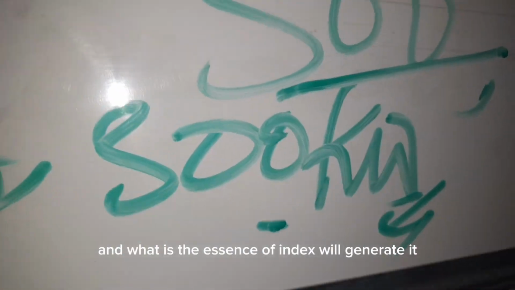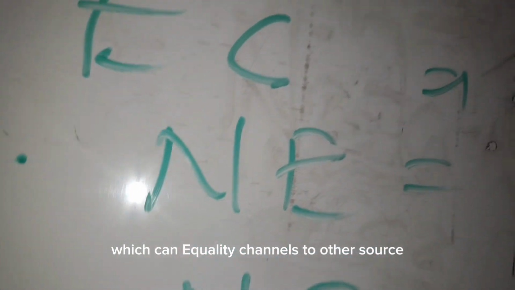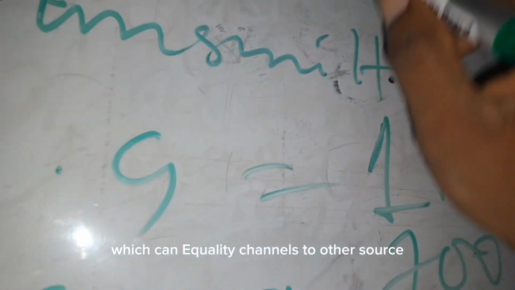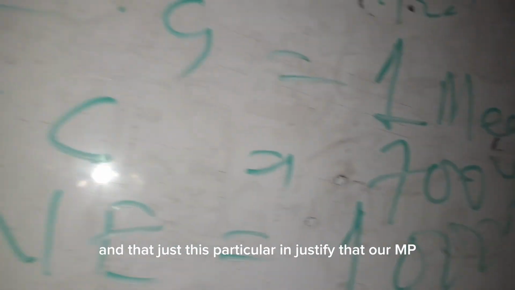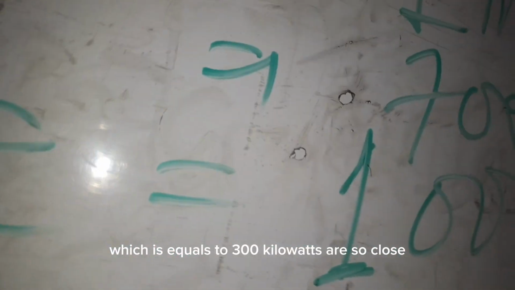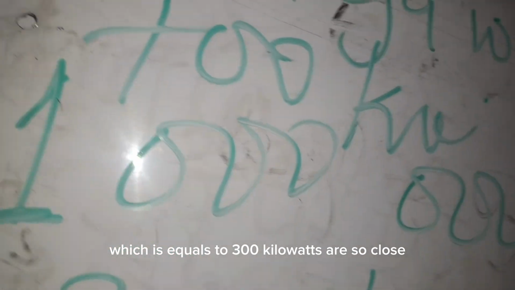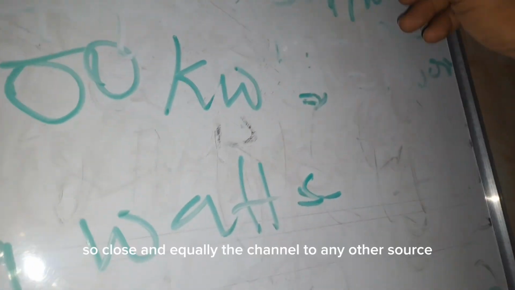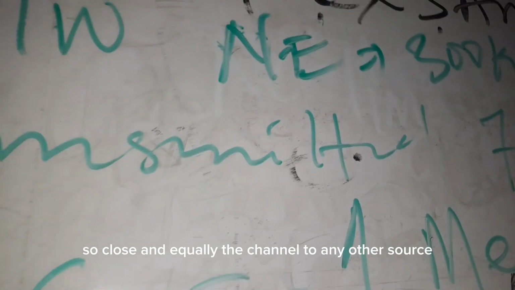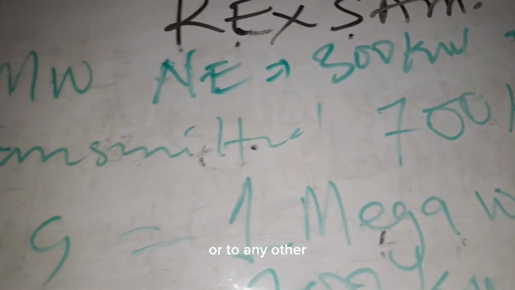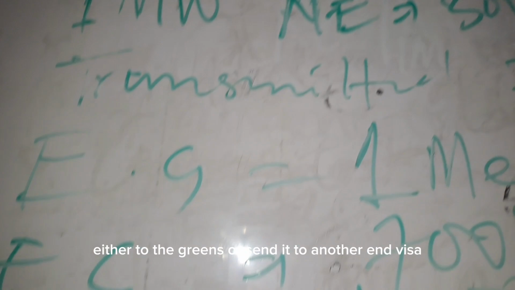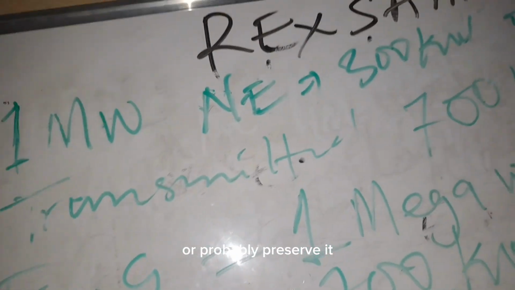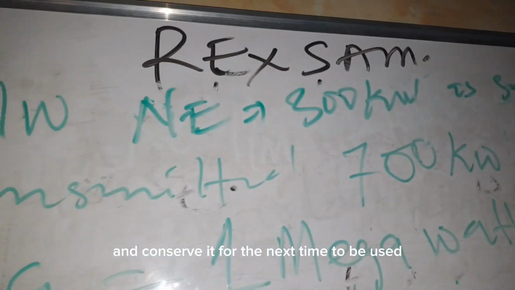And what is the essence of doing this? We've generated 300 kilowatts, which can be channeled to another source. This justifies that our NE, which is equal to 300 kilowatts as surplus, can be channeled to any other source, either to the grid or to another end user, or preserved and conserved for the next time to be used.